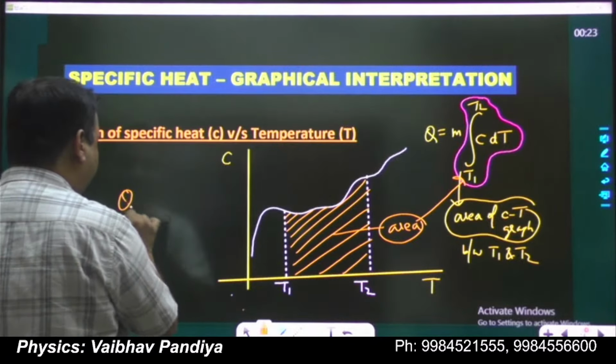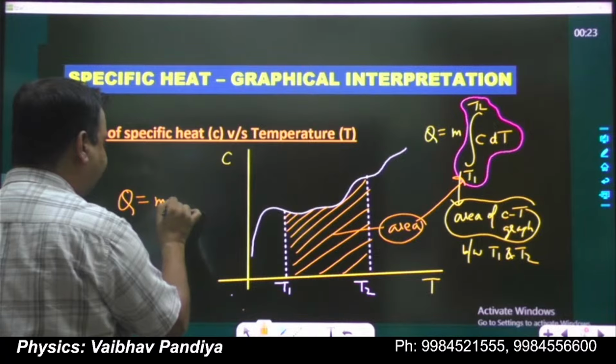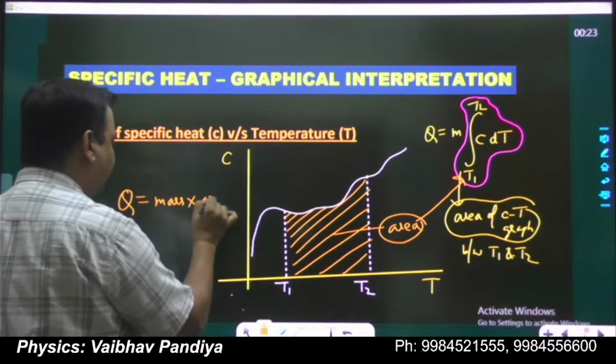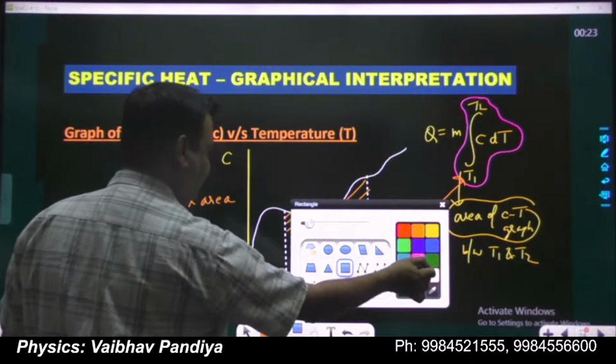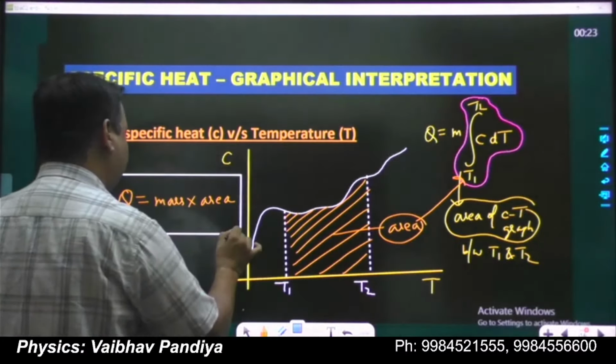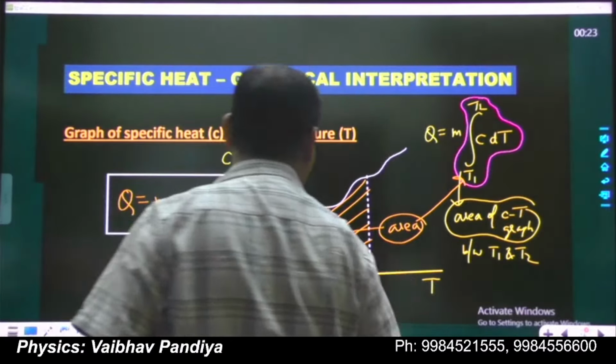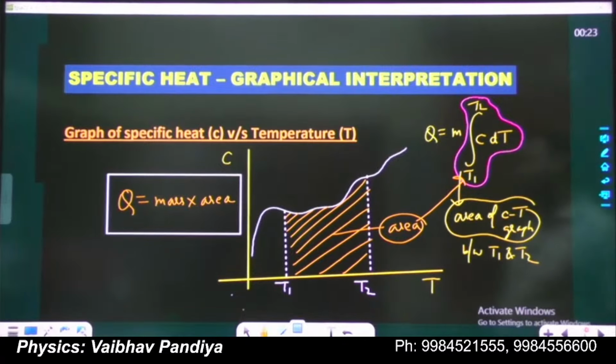So the heat absorbed will be the mass multiplied by the area. Got it? So this is how we can find the heat from the area of the graph of specific heat versus temperature. This is also a very important concept.